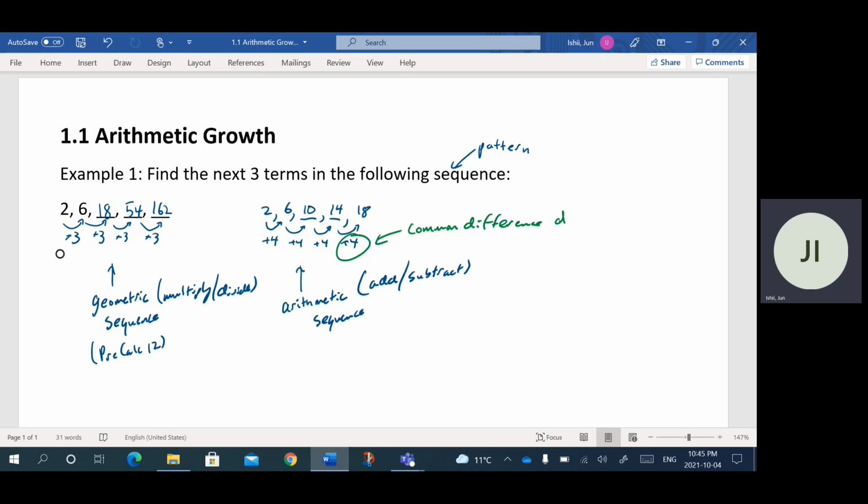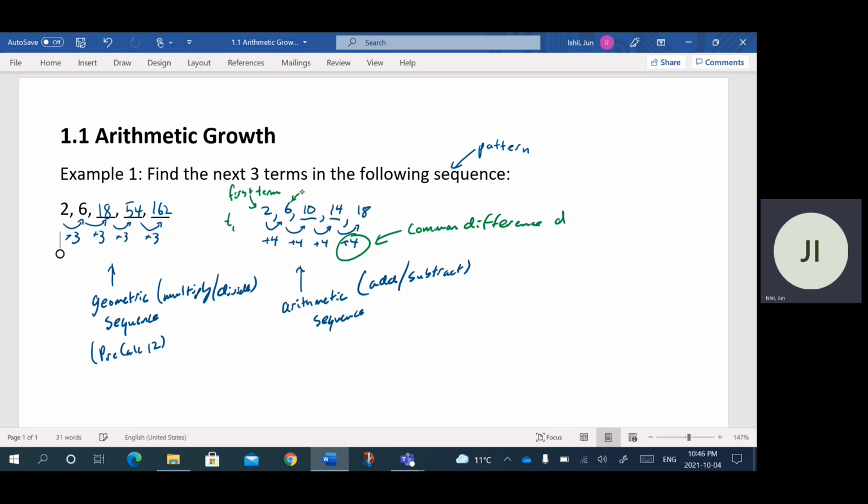Now, in terms of labeling, this is the first term, 2. In terms of notation, we're actually going to call it t with a subscript 1. This means it's the first term.